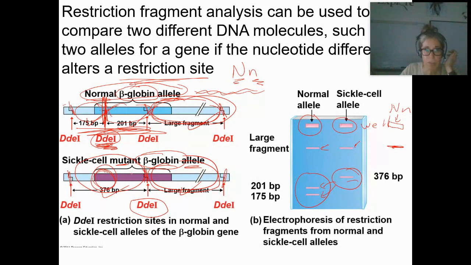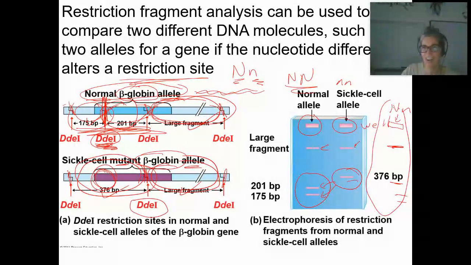And then from this allele, you'd get this medium-sized fragment, which would be here. And then you'd get these 2 littler ones, which would be here and here. So this person had big N, the normal DNA from both parents. This one had the sickle cell anemia fragment from both parents, and this person was heterozygous, so they had all of the bands. So kind of cool, right?